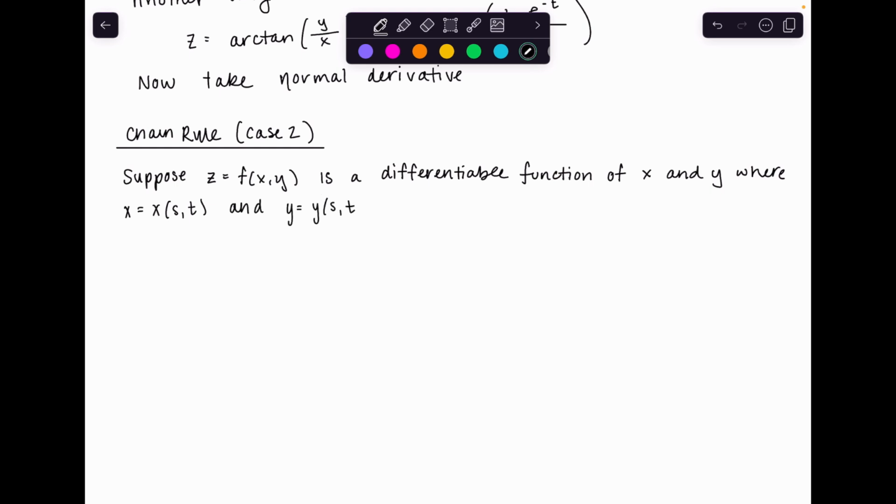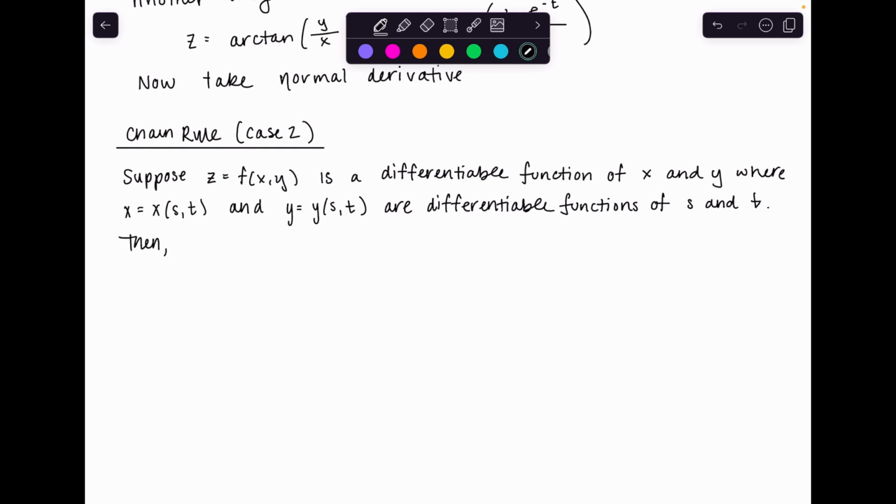It is dependent upon s and t. And these are differentiable functions of s and t. Then we've got the following.